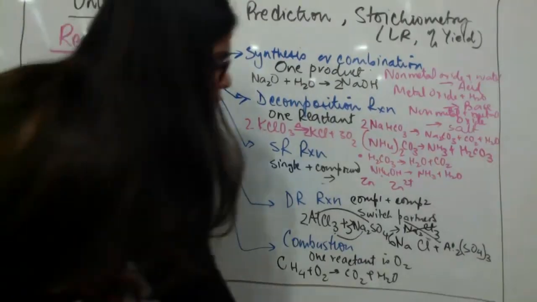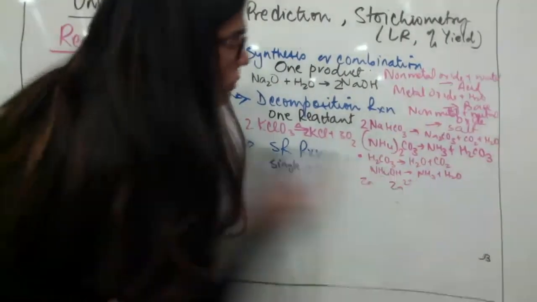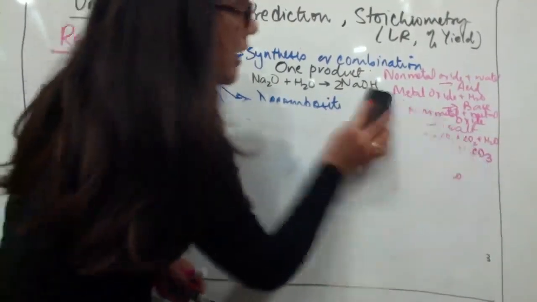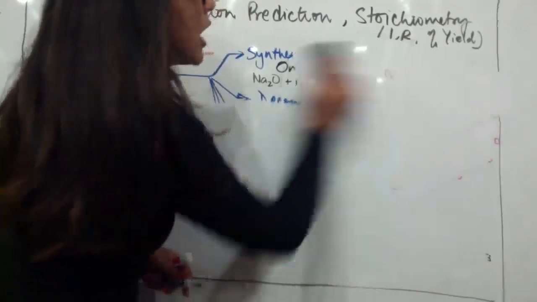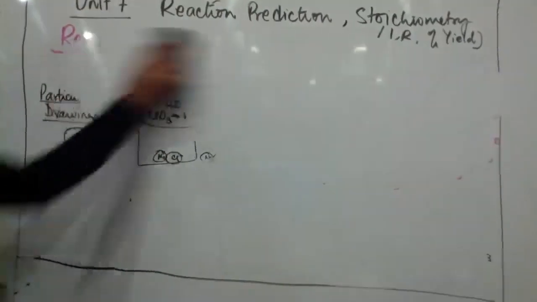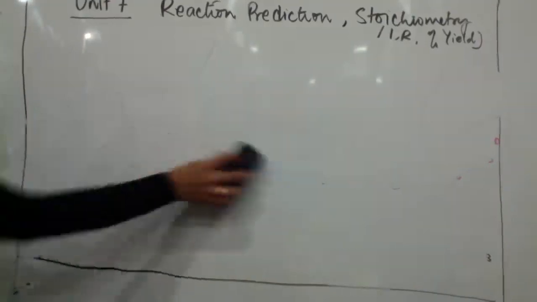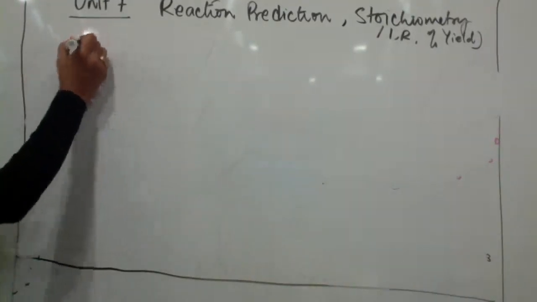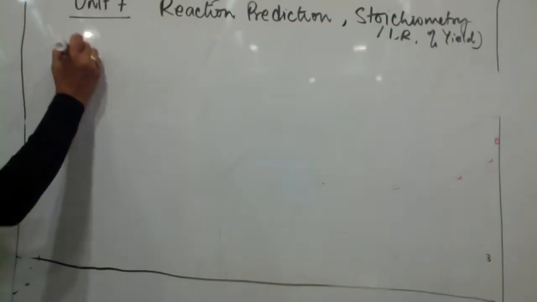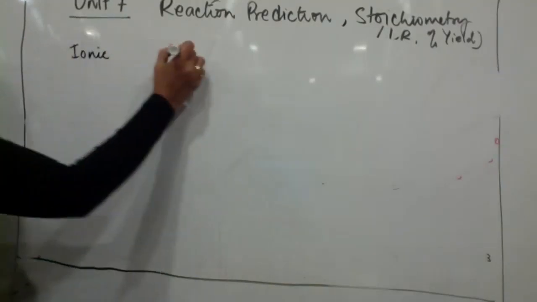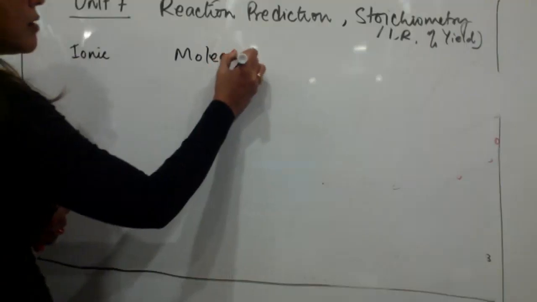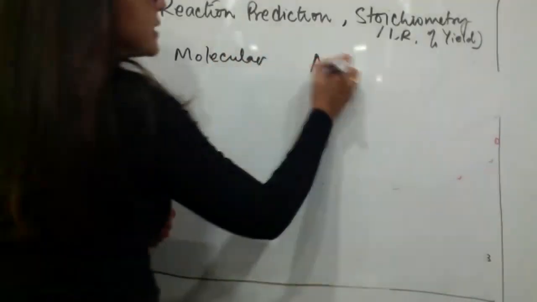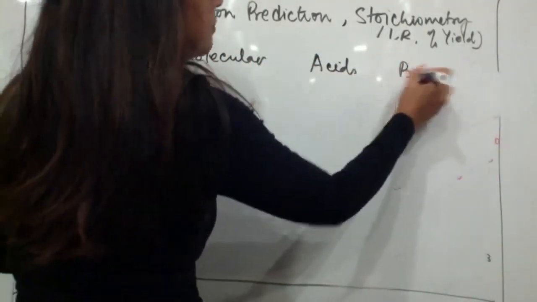Okay, from there, I'm going to briefly remind you about types of compounds, and how to dissociate things or not dissociate them. So remember, for naming purposes, we classified compounds as ionic, molecular, acids, and bases.